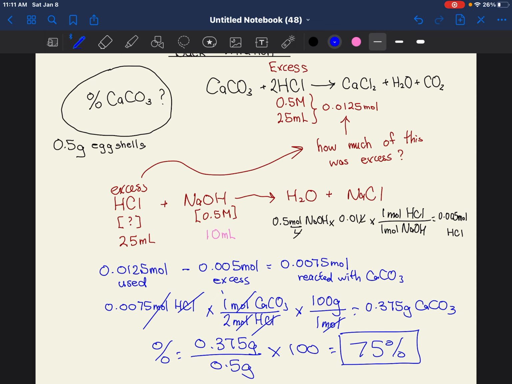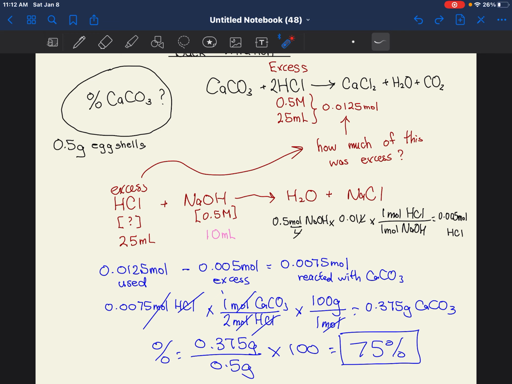So let's go back and review exactly what we did. We took some eggshells, 0.5 grams of eggshells, and we know that inside the eggshells there is calcium carbonate that makes it strong. And I want to know what the percentage of it is.